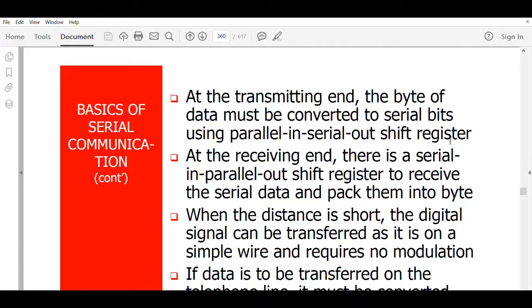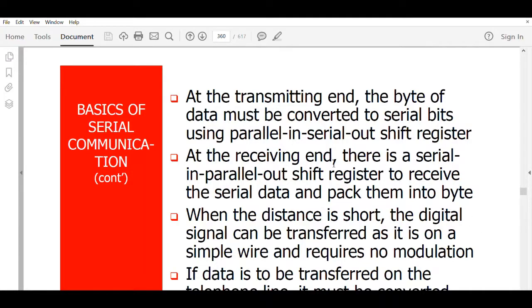We have studied the PISO shift register in logic circuit design or in digital electronics. So in that we discussed how the parallel in serial out shift register works. The input will be given in parallel, that is in this case a byte of data. That byte of data, that is 8 bits of data, will be taken in by the shift register in parallel, and then it will be shifted out in the serial fashion one bit at a time.